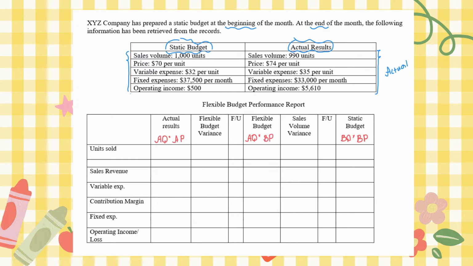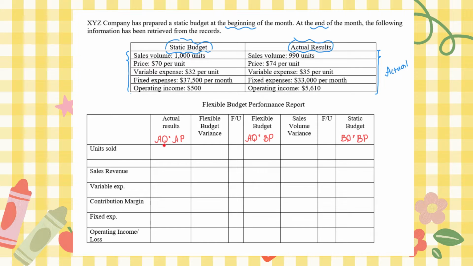So for the actual results, I need to multiply actual quantity times actual price. For the flexible budget, I need to multiply actual quantity by budgeted price. For the static budget, I need to multiply budgeted quantity by budgeted price. So let's see for the units sold now.